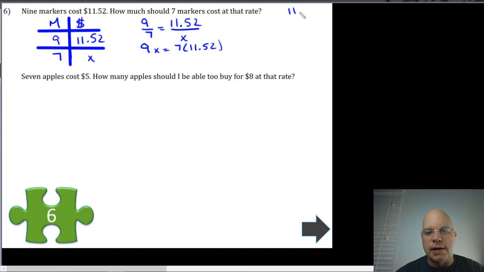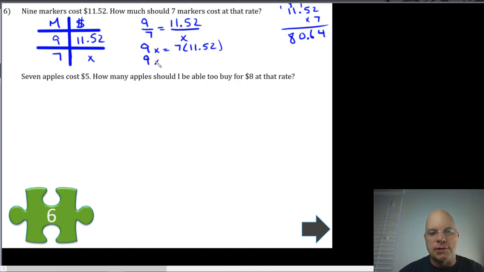I'm going to do that on the side here to find that product. 2 sevens is 14, carry the 1. 5 sevens is 35, plus 1 is 36, carry the 3. 1 7 is 7, plus 3 is 10, carry the 1. 1 7 is 7, plus 1 is 8. And I was multiplying hundredths by wholes, so my answer should be hundredths. Should have 2 decimal places in my product.